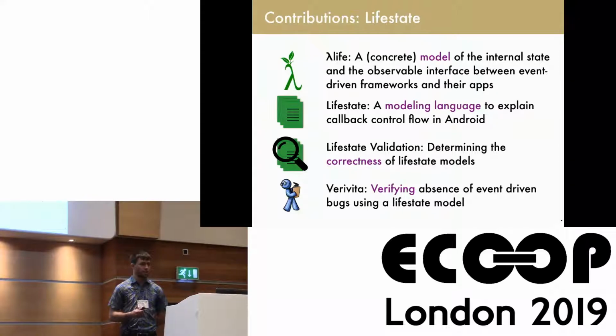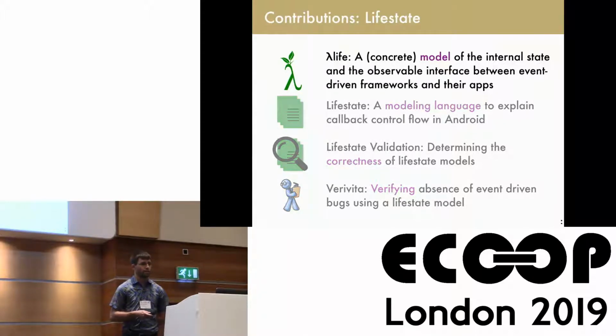And lifestate validation is a way to determine the correctness of these models beyond just it looks the same as the documentation. And then Verivita is our tool for verifying the absence of these bugs based on runtime traces. So we'll first talk about lambda life.